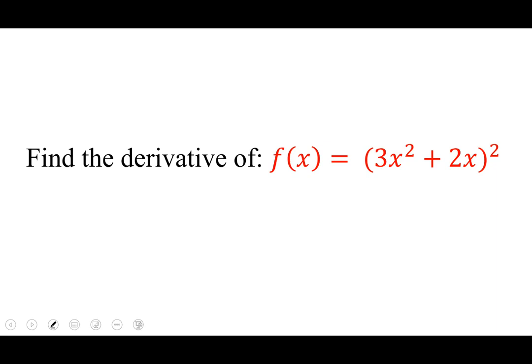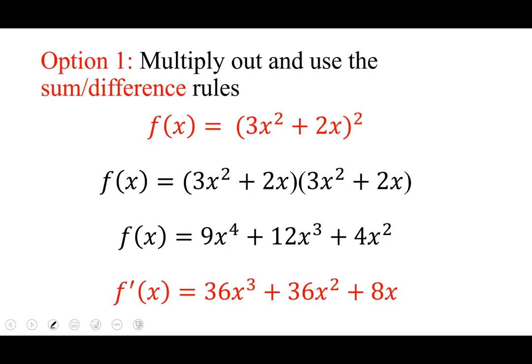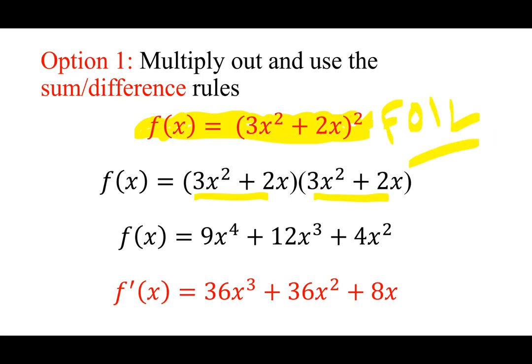So you don't have to write down these first two slides unless you really want to. I'll let you know when you should start writing it down. So option number one for how you would solve the problem would be to multiply out, which would mean to FOIL out (3x squared plus 2x) squared, and then use the sum and difference rules to take the derivative. You would start by rewriting that as two different copies. Then you would, of course, use the magic word FOIL: first, outers, inners, last.